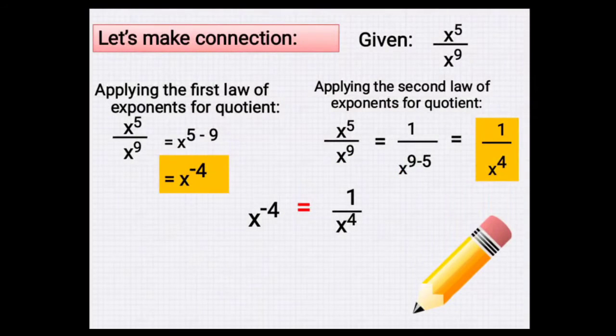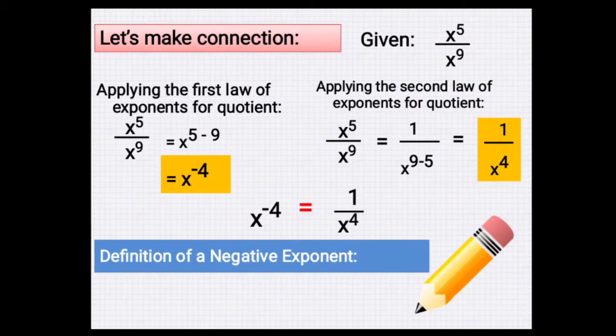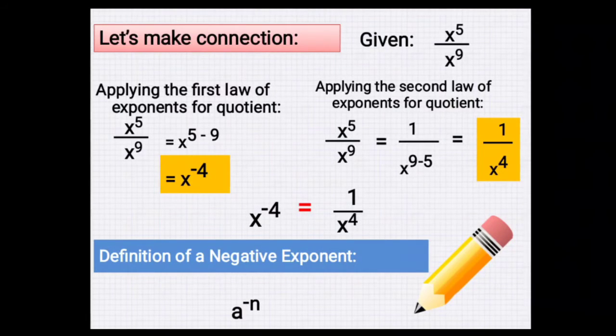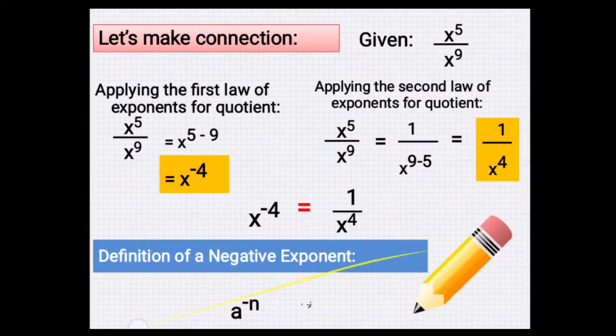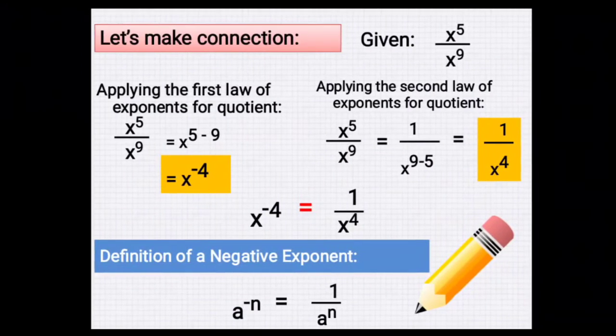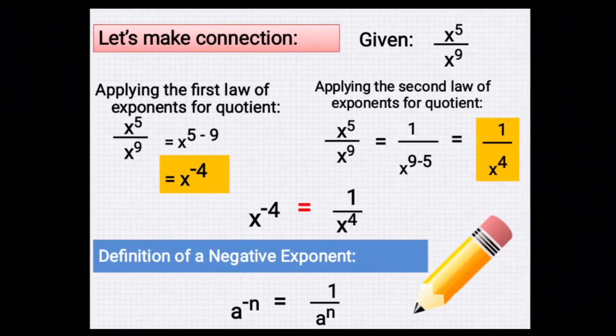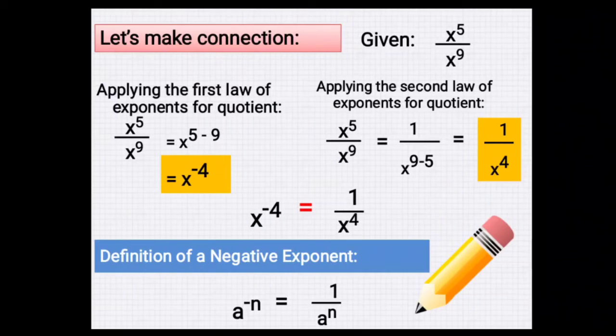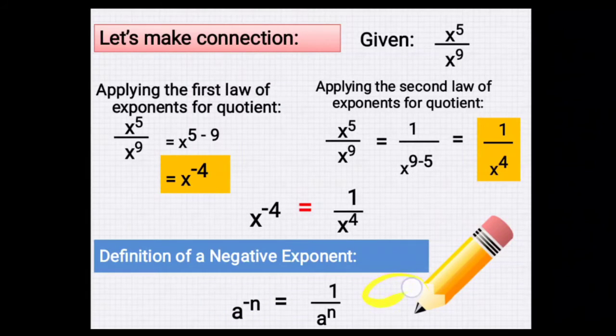How is that possible? Let's have the definition of a negative exponent. So if your exponent is negative, like this, a raised to the negative n, what you are going to do is convert it to positive by getting the reciprocal of the base. As you can see, the reciprocal of a is 1 over a, right? Since a is a whole number, automatic its denominator is equal to 1.